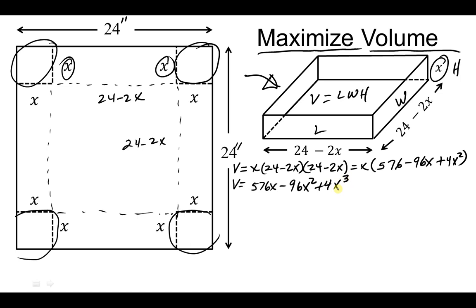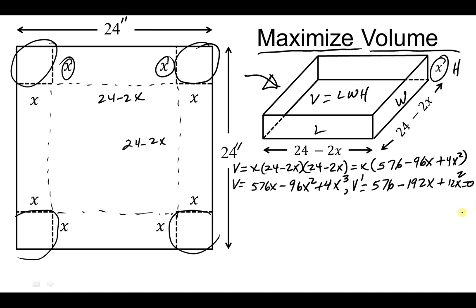And then we want to take the first derivative of the volume, and we find that the first derivative of the volume is 576 minus 192x plus 12x squared, and we want to set that equal to 0 and find the critical points.